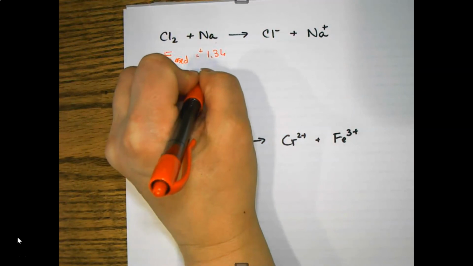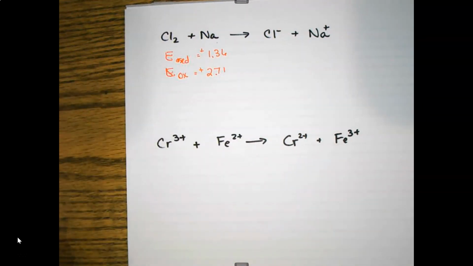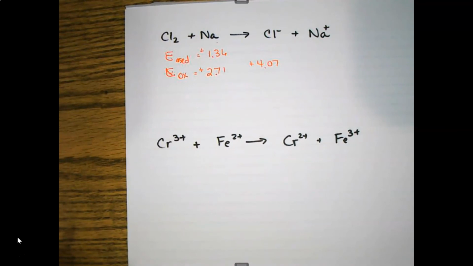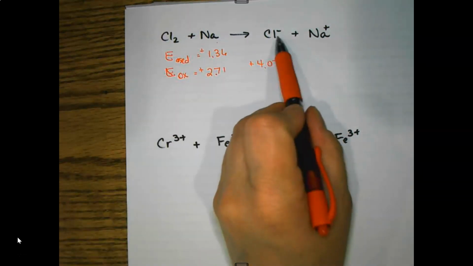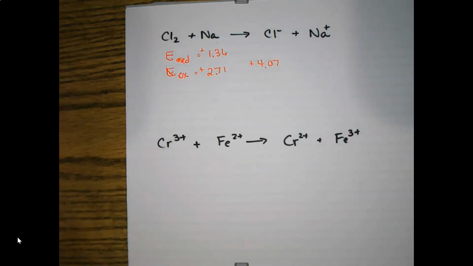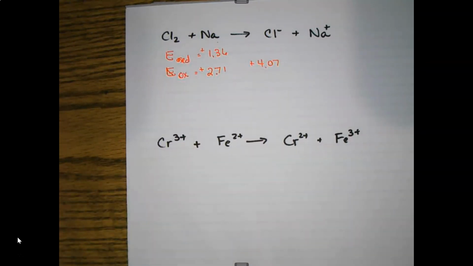That's the favored system for sodium. Positive 2.7. Look at that voltage, that's huge. 4.07 positive. So that's why sodium chloride, Na plus Cl minus, is such a common substance, much more common than sodium metal, because of the voltage.